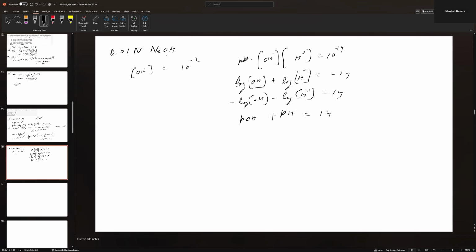We can calculate pOH first and then calculate the pH. pOH is equal to minus log of OH minus concentration, so minus log of 10 to the power minus 2 is 2. So from this equation, pH equals 14 minus 2, which is 12.